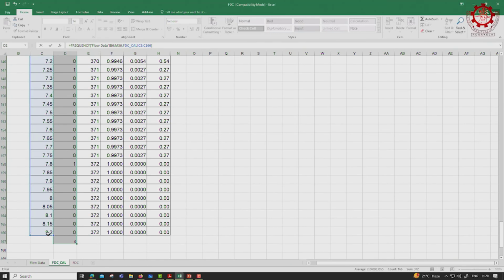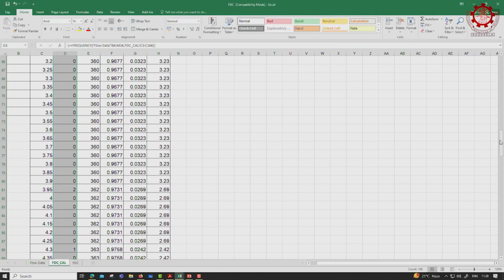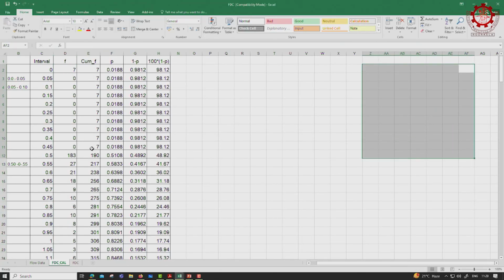Now, we have to press 3 buttons together, control shift enter, then it counts everything and puts it here, right. Then it will count all the data points in that data set and put them here, right. That is the easy way of picking this up, otherwise you can't do it manually. So, you can study the frequency command separately and get this knowledge and do it as I said, right.